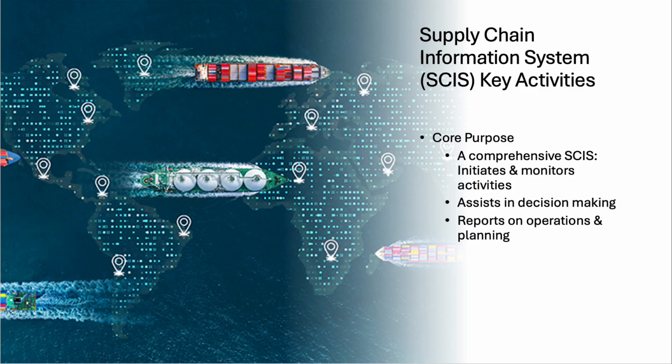A comprehensive supply chain information system has three core purposes. First, it initiates and monitors activities. This includes orders, shipments, inventory movements, production activity, purchasing activity, and customer service processes. Second, it assists in decision-making.